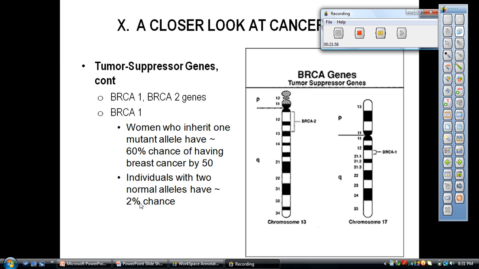But I don't want you to be scared, because most breast cancers are not the inherited kind. They're not defects to the BRCA gene. But if you do test positive for the mutant allele, you have a 60% chance of having breast cancer by 50.